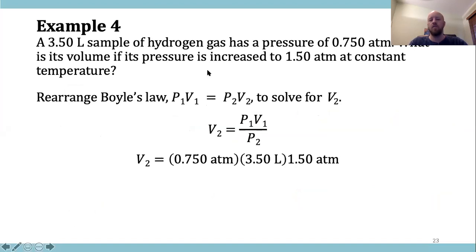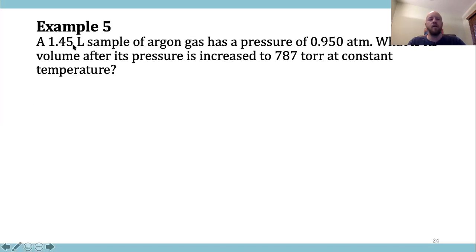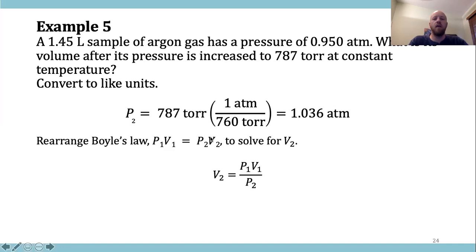It becomes multiply and divide, and because the pressure is going up, we expect the volume to go down, which it does. Again, same kind of stuff here: 3 out of the 4 terms, you're plugging the stuff in and kicking out an answer.